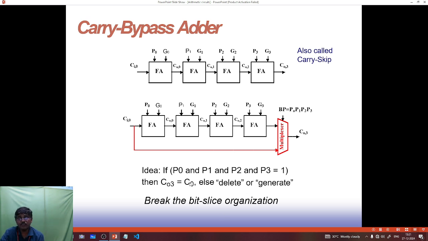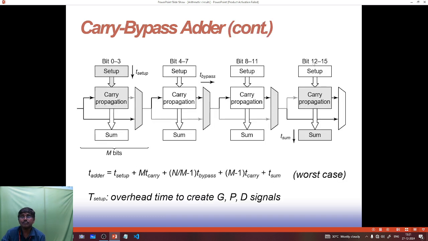So if P0, P1, P2, P3 are equal to 1, C0,3 is equal to C0. Else delete or generation option. This is a carry bypass adder, also called a carry skip adder. Both are the same.